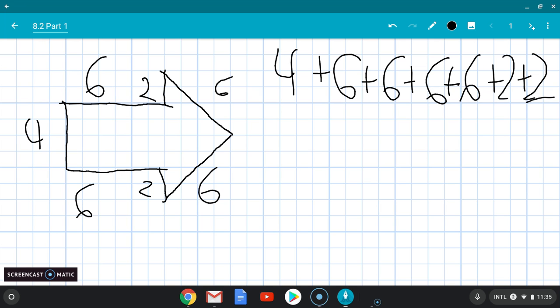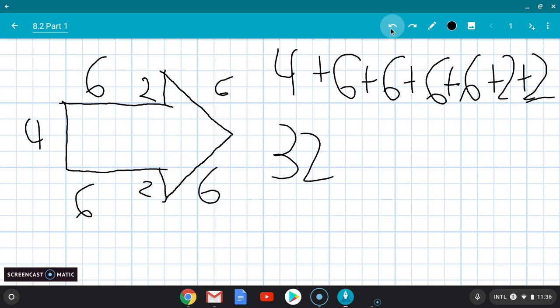If we add every one of those side lengths up, we're going to get a perimeter of 32. And I'm just going to put a U here for units because they don't tell us how far each box is. They don't say if it's an inch or a centimeter or a meter.